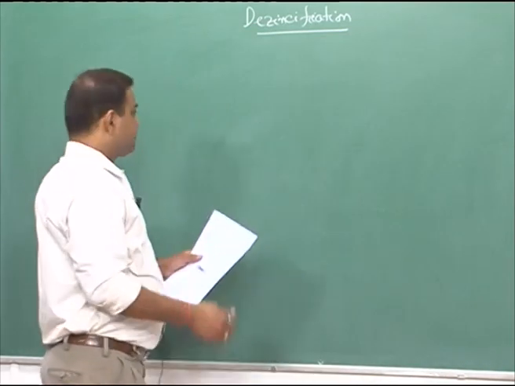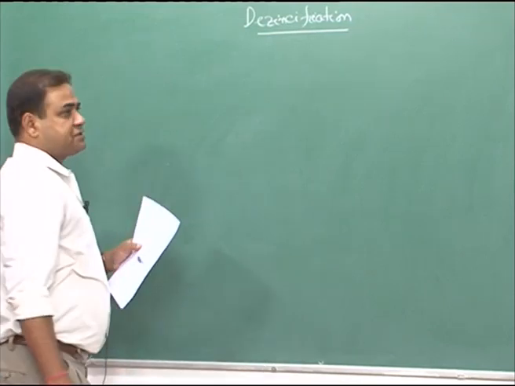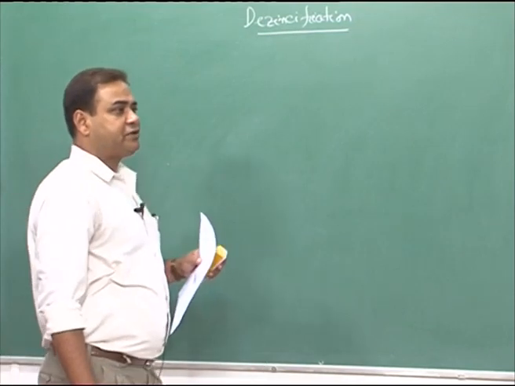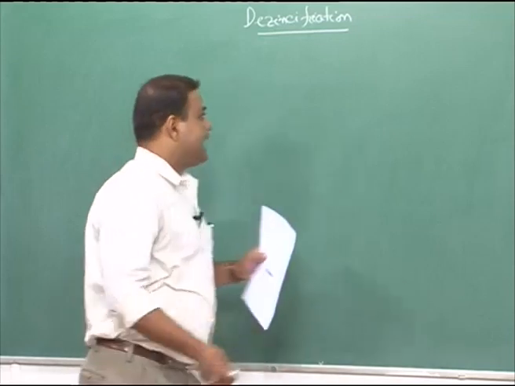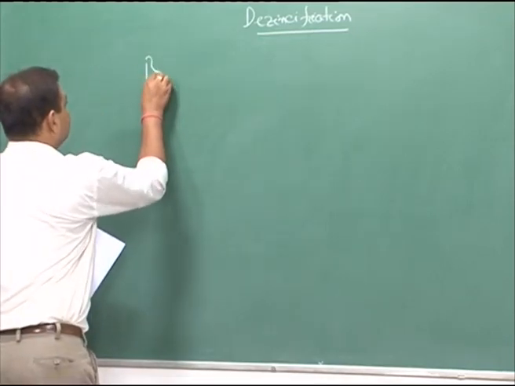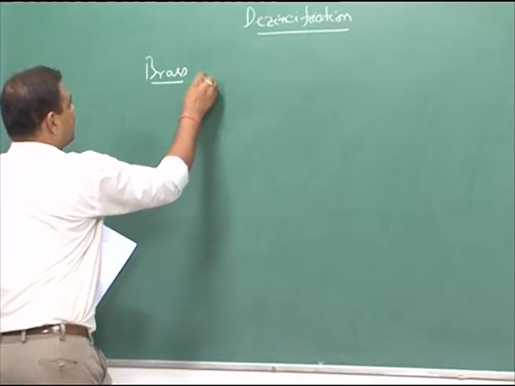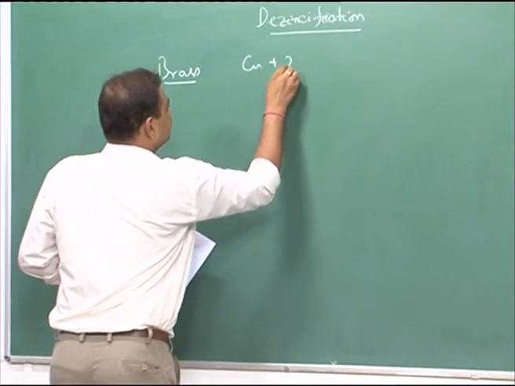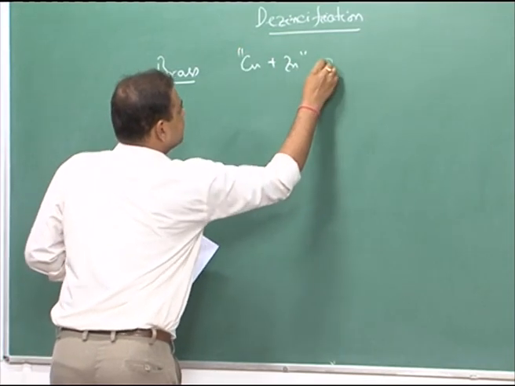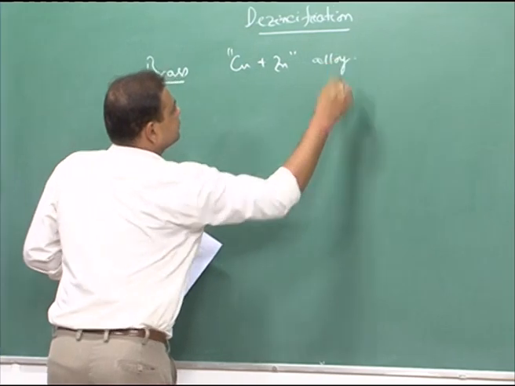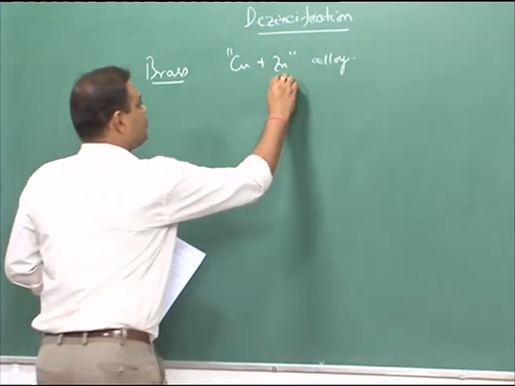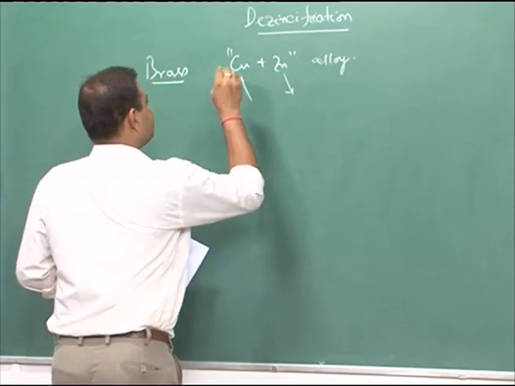And in that case, if we see some of the characteristics of de-zincification of brass, actually it is a copper plus zinc alloy, and in that alloy zinc goes out and copper stays back.